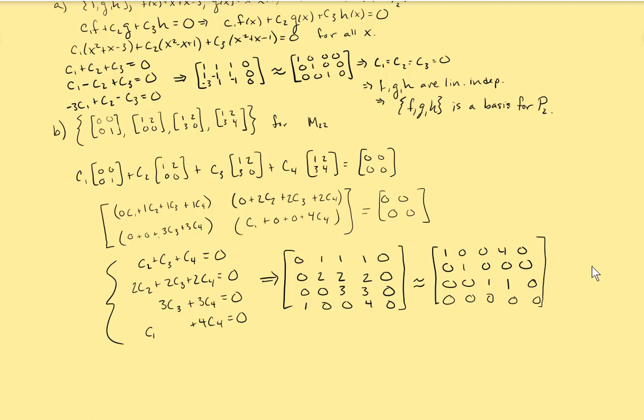If we just unpack this, anything of the form C1 equals negative 4R, C2 equals 0, C3 equals negative R, and C4 equals R. And notice there are many possible values of C1, C2, C3, C4 other than them all being 0.